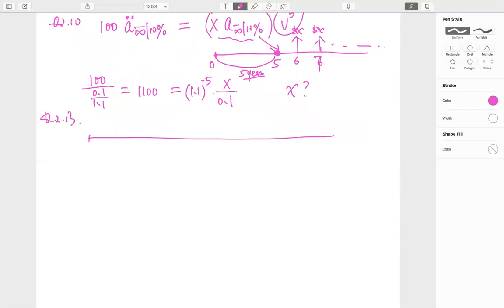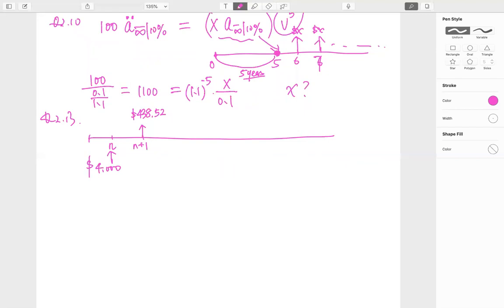So here we have Aaron. This guy pays 4,000 at time n years. After paying this amount, he will receive $438.52 starting at time n plus 1 years.